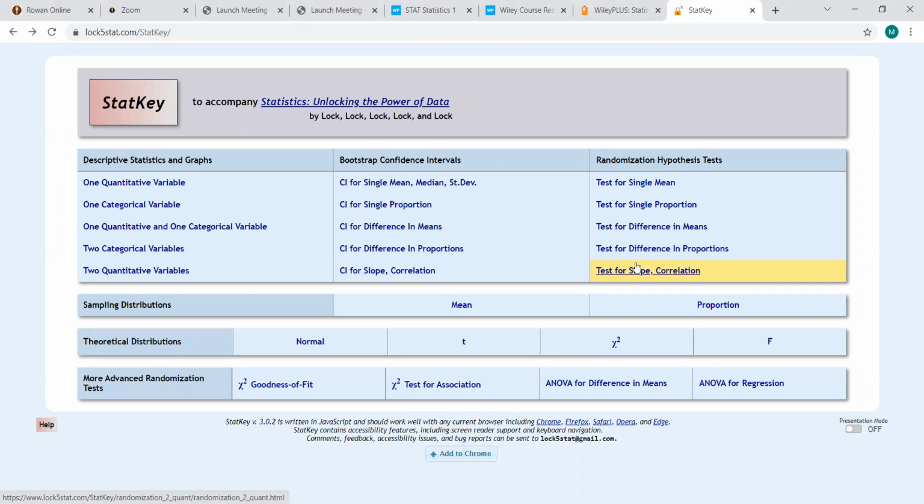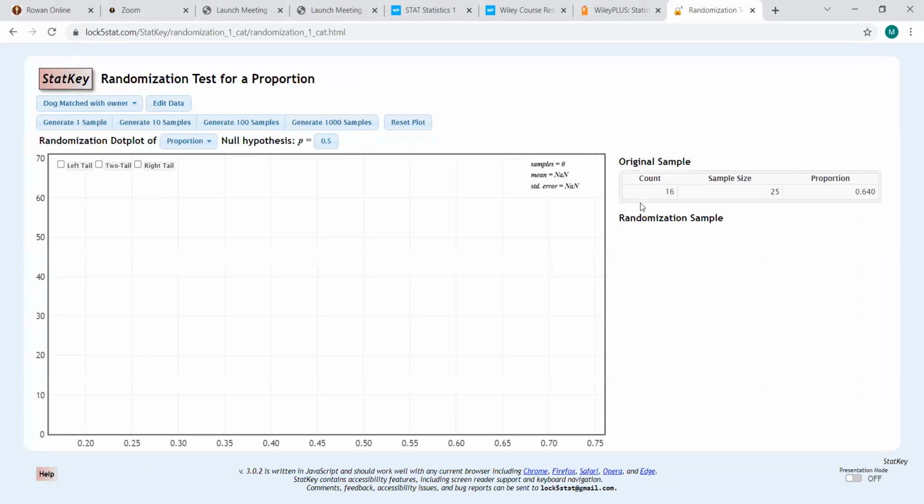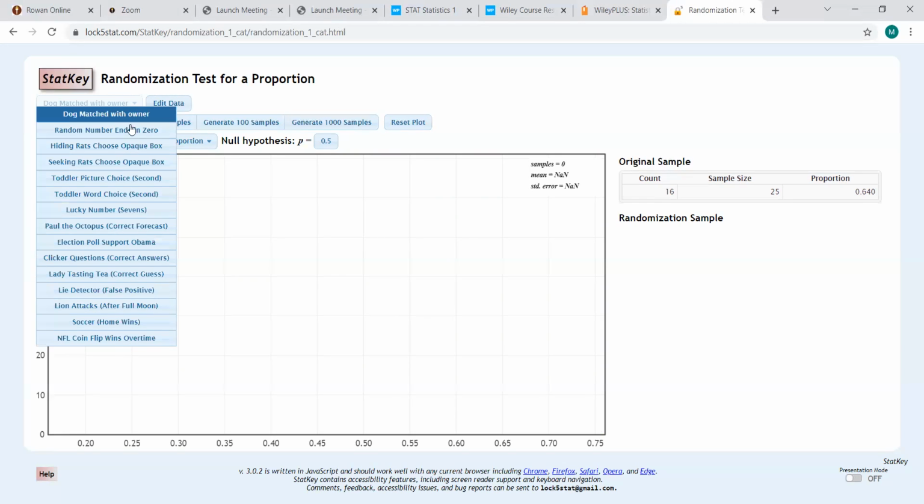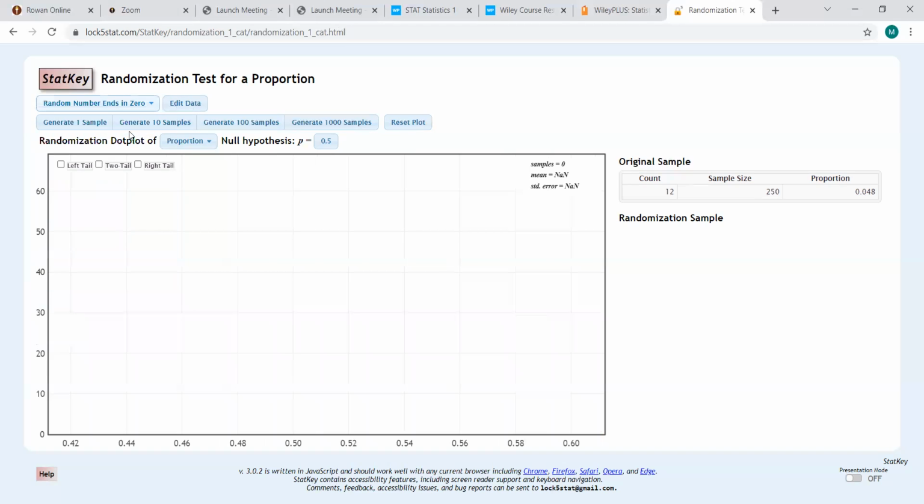In this case, we have a single proportion that we're looking at, so we're going to choose that. And we're looking for this particular case of random numbers ending in 0. Here's the one right here. Notice on the right side for the original sample, there's 12 out of 250, or 0.048, 4.8% of the sample with zeros as the last digit of the 4-digit numbers.